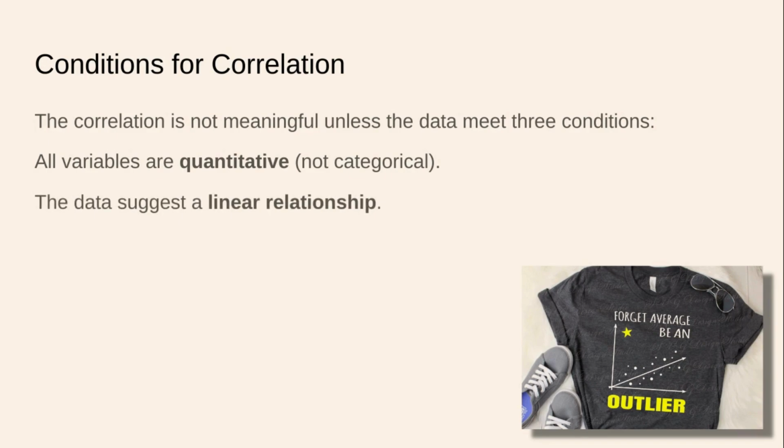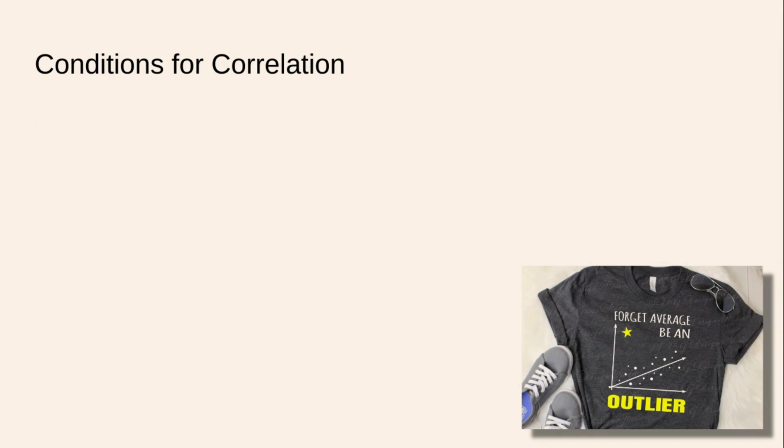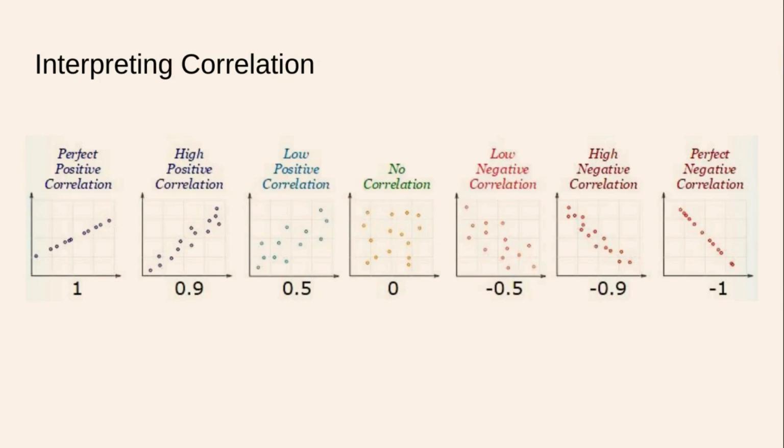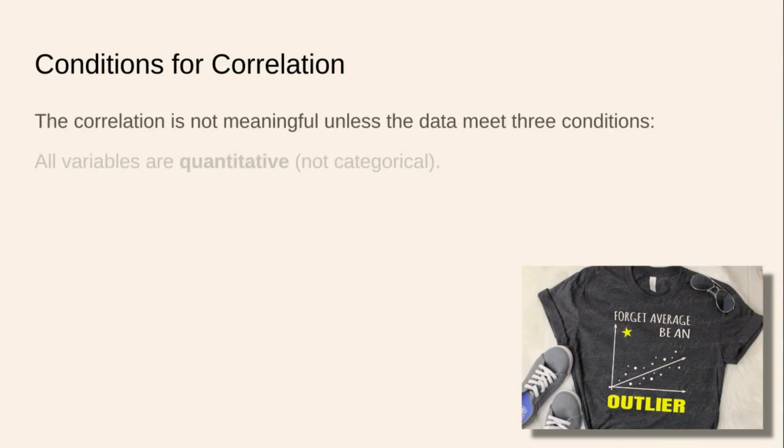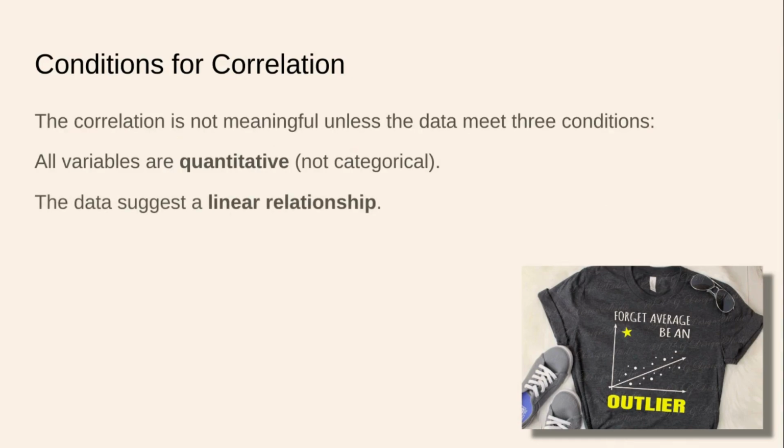The data suggest a linear relationship. It does not have to be perfect. Remember, the ants do not need to be marching one by one or even close to one by one to say that there is a relationship. Okay? So, the data suggests some kind of linear relationship, even if it's a weak one.